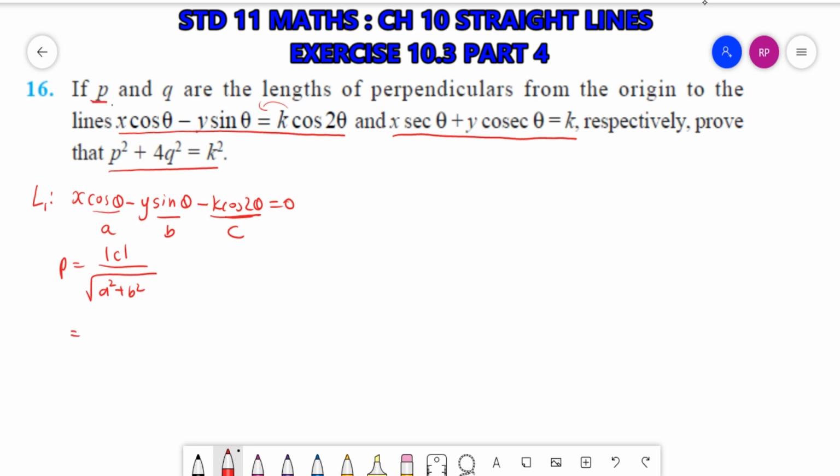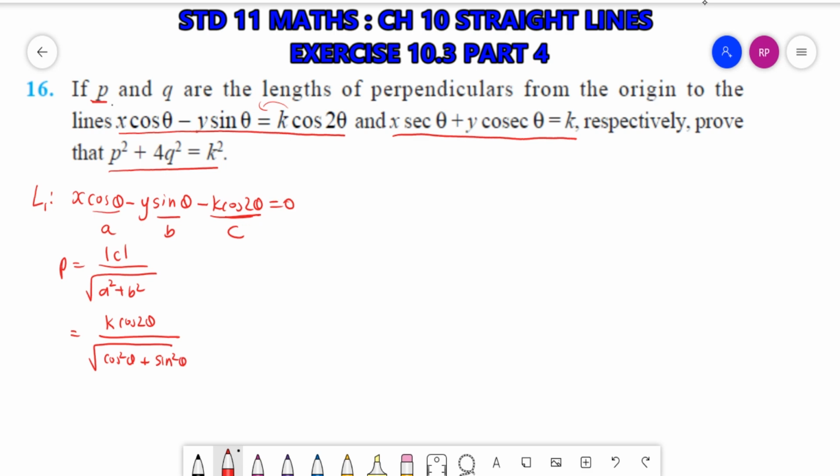So this will be modulus of c, that is k cos 2 theta, as it is modulus, I will take it positive, upon under root of a square, that is cos square theta, plus b square, that is sin square theta.